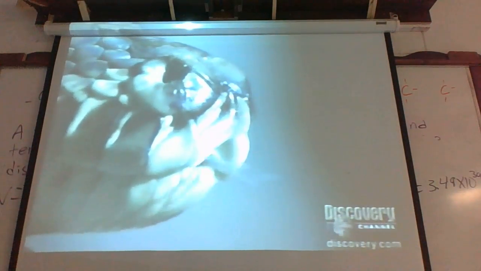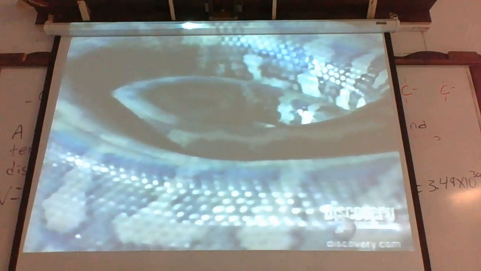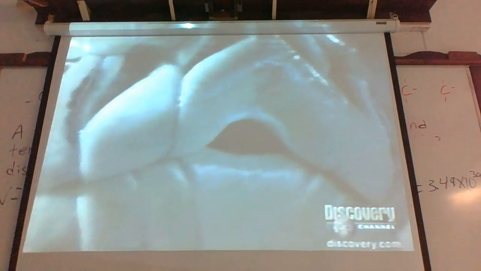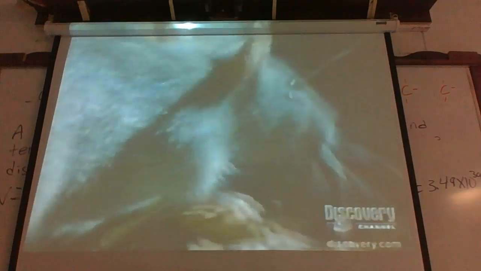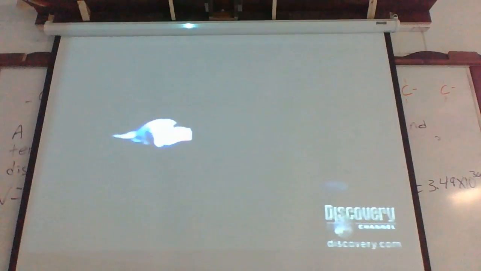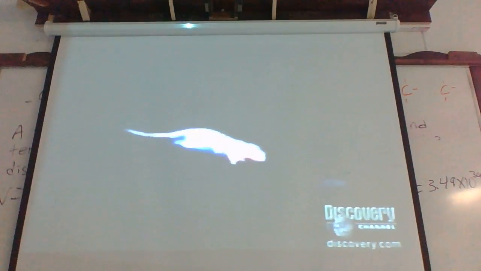All that energy reactivates the python's senses. And the whole snake stirs. The heat-sensing pits along the python's upper jaw beam in on the hot rat. The rat's cover is blown.